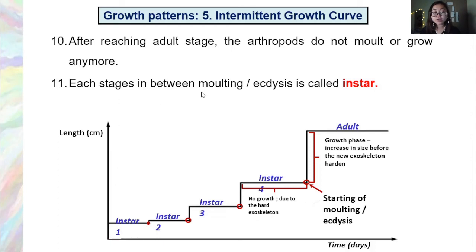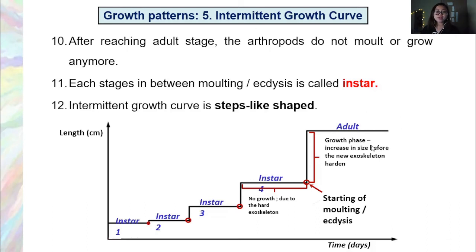The stages in between molting or ecdysis will be called instar. So, yang mendatar instar, okay, this red point, circled in red, is a point of molting. And then instar, molting, instar, molting, instar, molting. Final stage is not called instar, it's called adult. Okay, so the intermittent growth curve is steps-like shape.